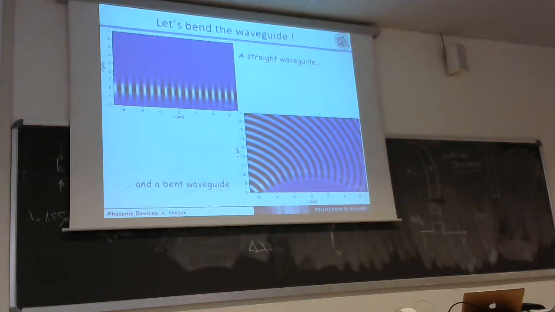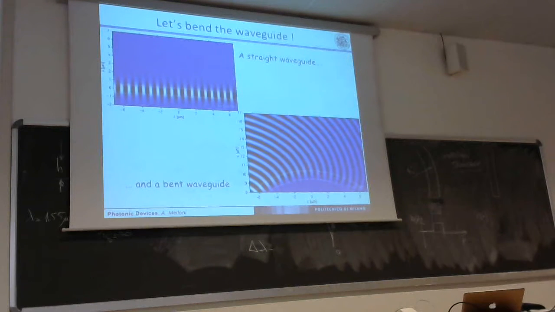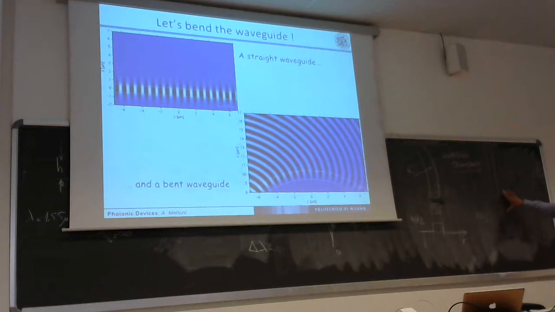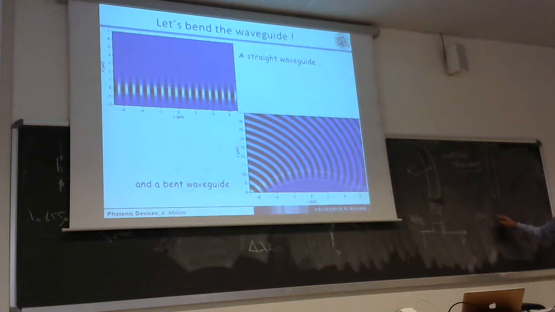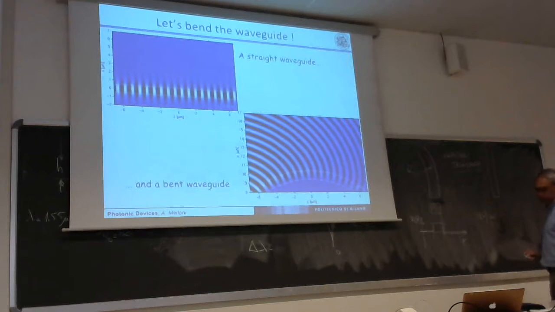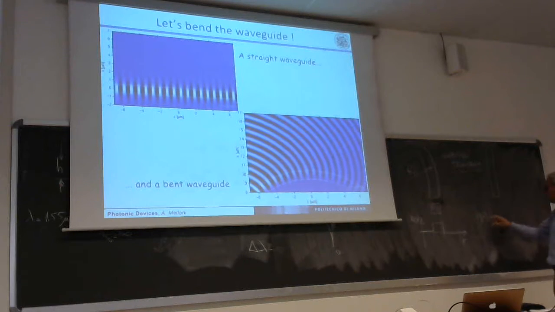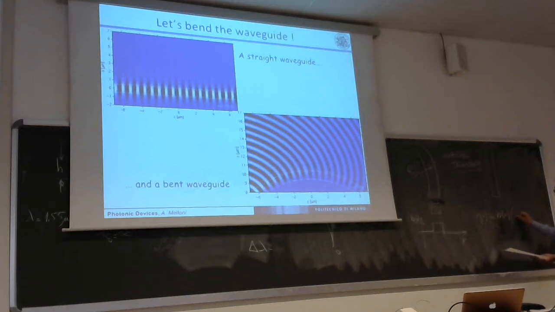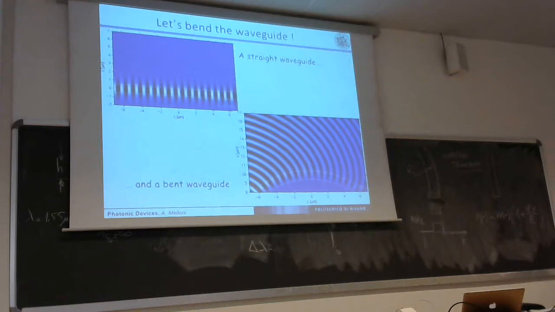Sorry, but it's only 10 credits and there are more interesting things to see. It's possible to convert this problem into this one if we convert this refractive index into this one. So let's call it n equivalent: n_eq(x) is n(x), the original one, multiplied by (1 + 2x/R), where R is the bending radius.